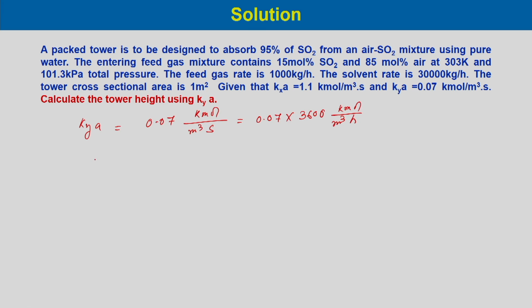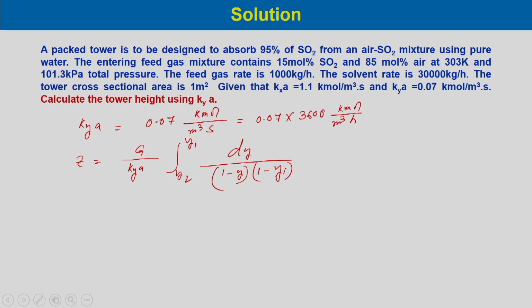In this equation, Z is equal to G by kya times the integral from y2 to y1 of dy divided by (1 minus y) into (1 minus yI).